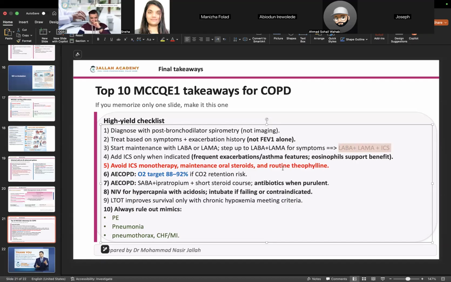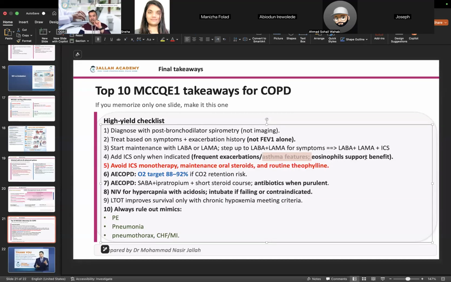Or in some cases, they may give you clues that make a steroid an ideal or typical option for you to choose. For example, they give you somebody with COPD who has a history of asthma, he has wheezing.